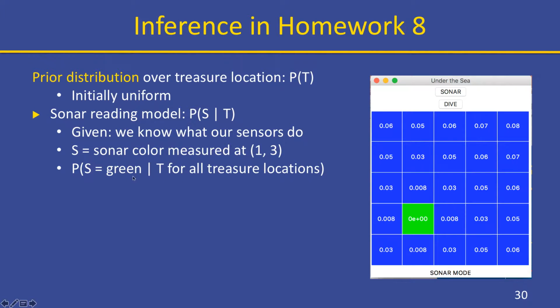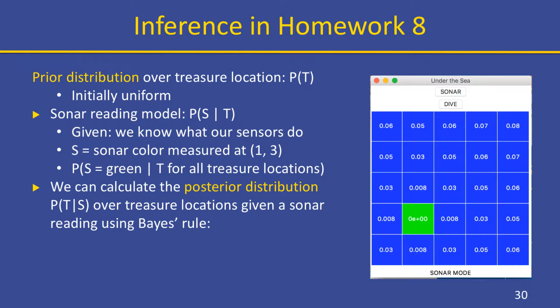So we have P of s equals green given t, for t being all of these locations. What we need is to compute the posterior distribution: the distribution of t given that green sensor reading over the treasure locations, using Bayes' rule. For each of these locations, we compute the probability of the treasure being there, given a green reading at this location here.